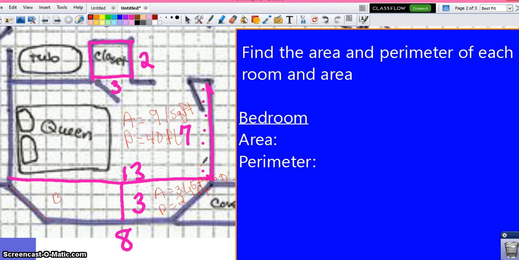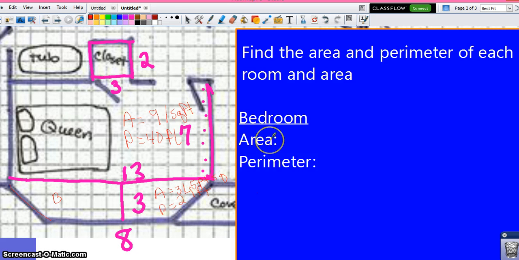Now, you have these 2 measurements, but we are talking about the entire room. So what you need to do from this point is add the 2 together. Since this entire area is the bedroom, you're going to add together the 91 and the 31.5.